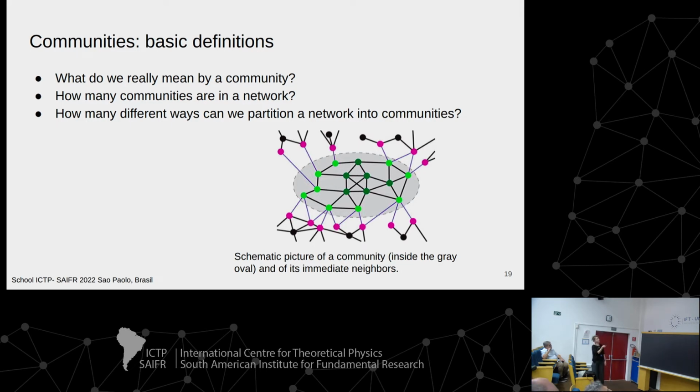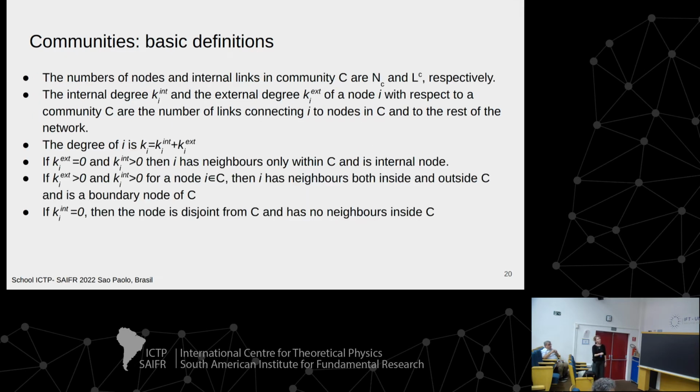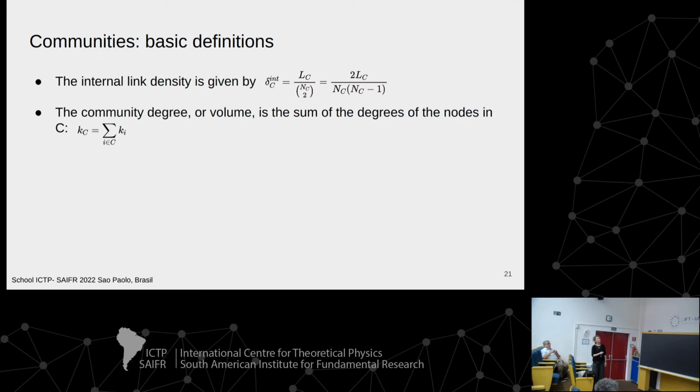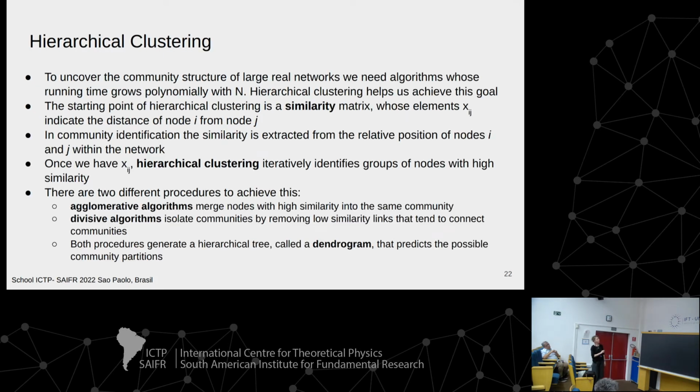What are the communities? How many communities can there be? The communities are inside this gray area. And how can we partition that? How do we count the degree inside and outside, and the internal link density, yes? So these are just the notions. I will not go through that.